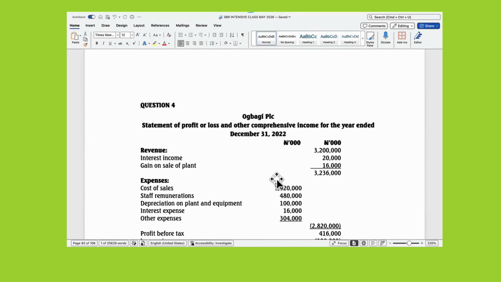I move to cost of sales, 1920. This one is an expense. Have I paid everything? No, I cannot have, because there's inventory here, there's payables. So inventory is non-cash. If it increased, I will need to add it back. For the payables, if that one increased, I will need to remove it because I've not paid it.